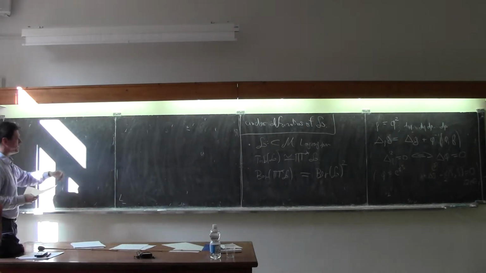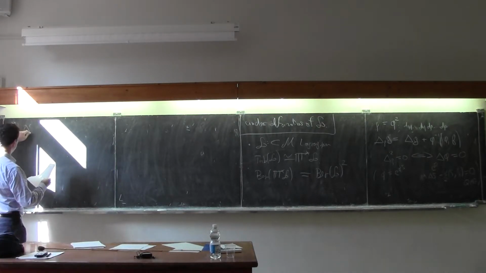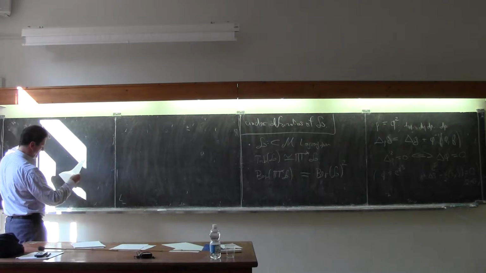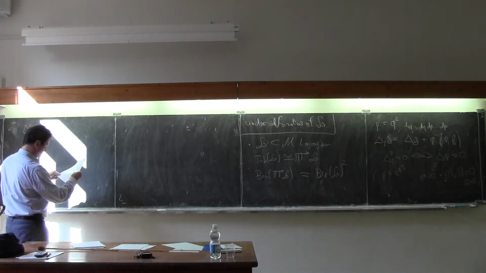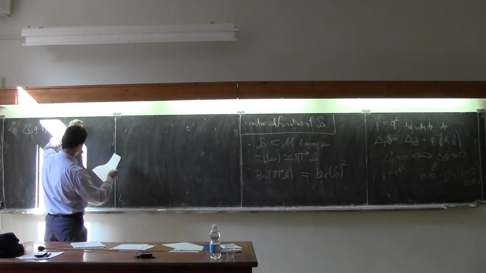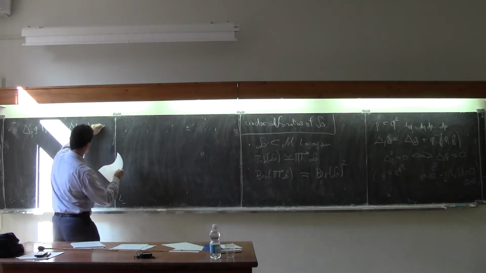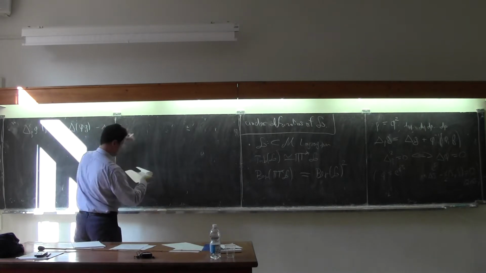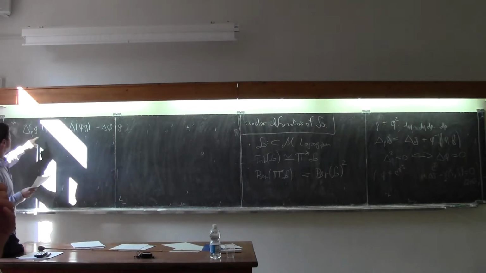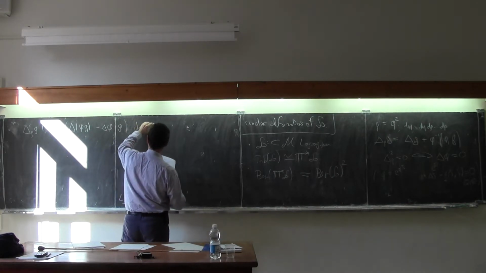Okay, but anyway, the proof for the first lemma is very simple. In a patch, what you want to integrate is delta rho of g times the square root of rho. Pay attention to what this is: it turns out to be delta of phi g minus delta phi g, times dq1 through dqn.